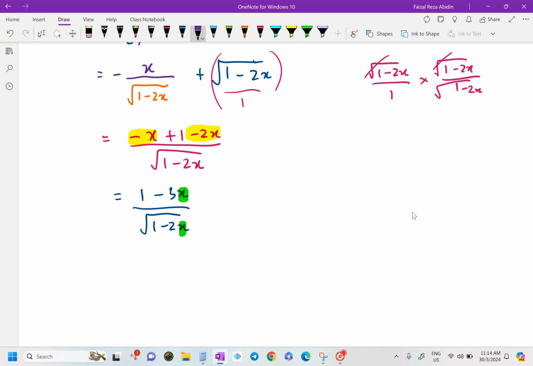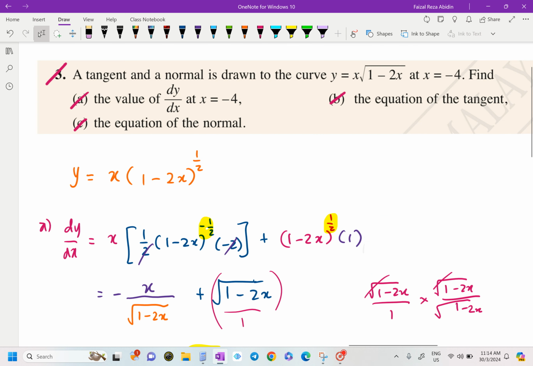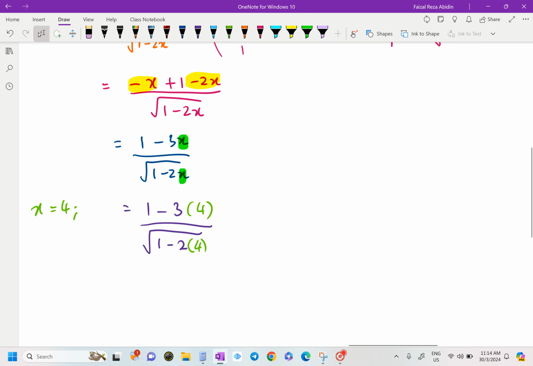So what you are going to get is 1 minus 3 times negative 4, over the square root of 1 minus 2 times negative 4 over here. So this one, what I'm going to get, 1 minus with 12 is going to be negative 4, sorry.